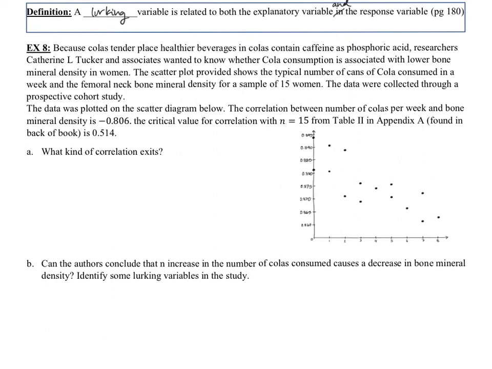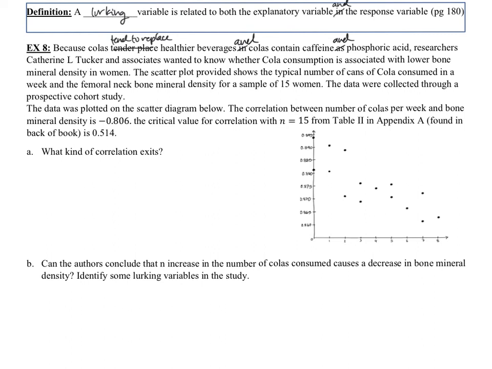Because colas tend to replace healthier beverages, and colas contain caffeine and phosphoric acid, researchers Catherine L. Tucker and associates wanted to know whether cola consumption is associated with lower bone mineral density in women. The scatter plot provided shows the typical number of cans of cola consumed in a week, and the femoral neck bone mineral density for a sample of 15 women.